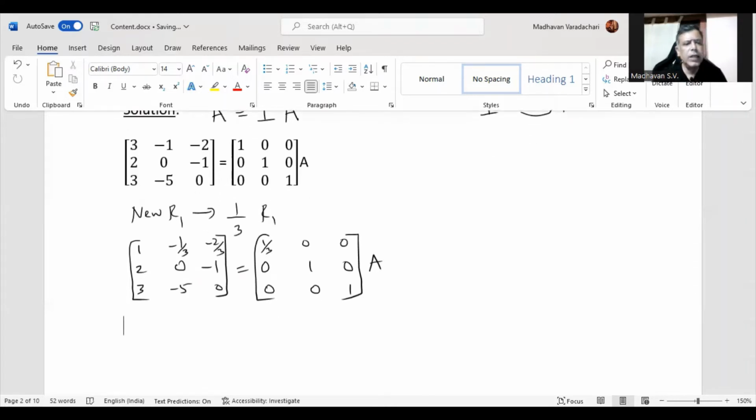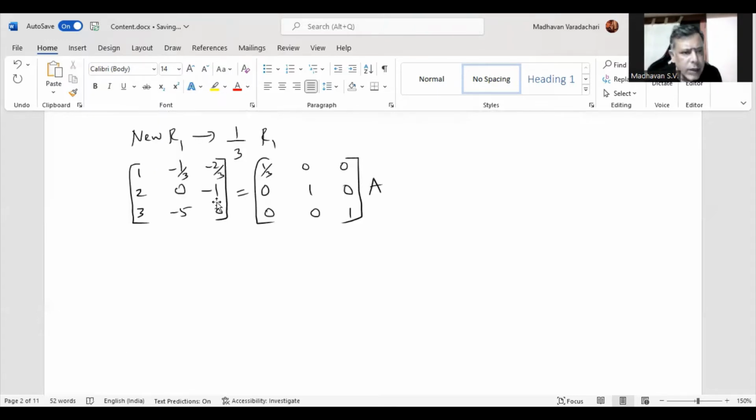Then subsequently, we need to convert the first element in the second row and the first element in the third row to 0. So how do we do that? New row 2 is negative 2 times row 1 plus row 2. Why am I doing that?